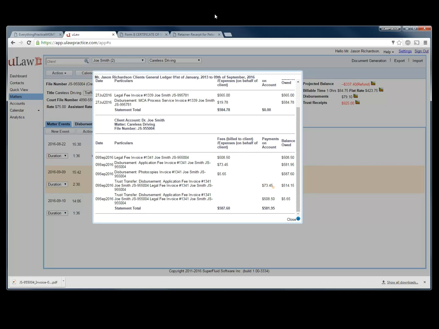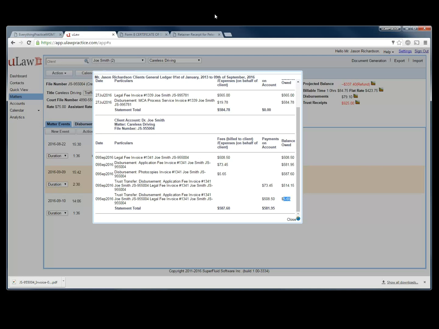Payment on account clearly tells you $73 has been paid, done as a trust transfer for this disbursement, and $508 was for this legal fee. But this photocopy has not been paid, so the balance on the account is $5.65. That's exactly what the Law Society is looking for: a clean general ledger.